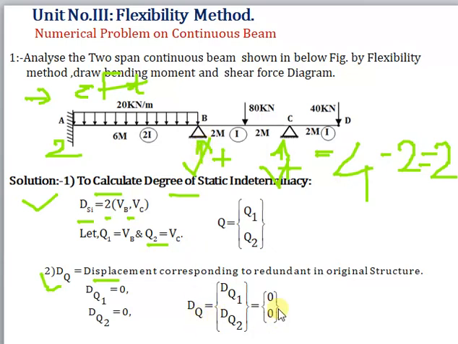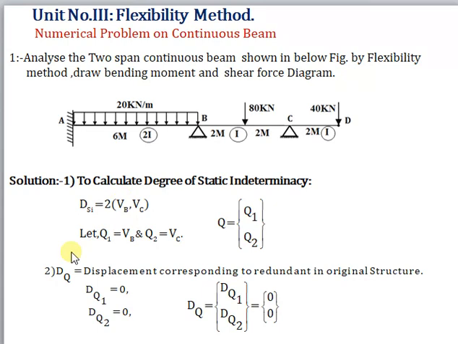No. Therefore the displacement DQ1 at redundant location B is equal to 0, no displacement. At redundant location C, no displacement due to spring or sinking of a support, so DQ2 is equal to 0. So these are the first two steps.